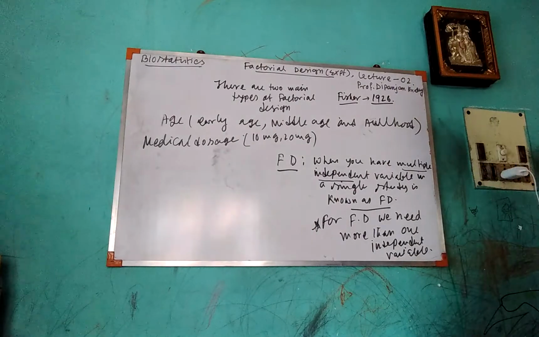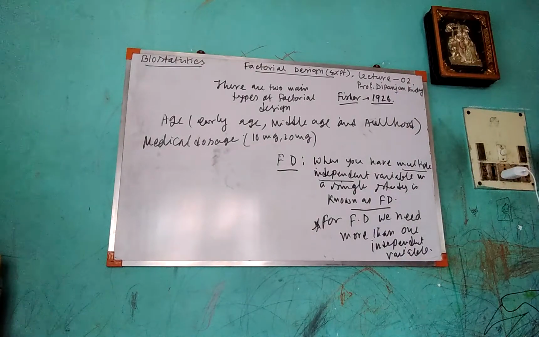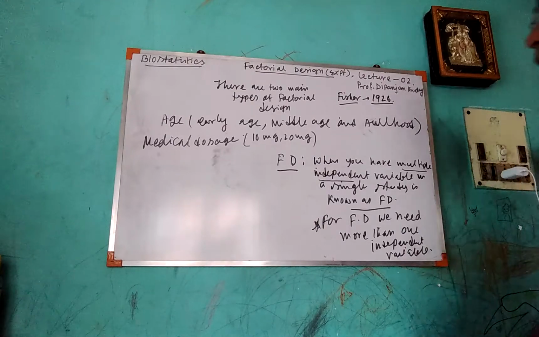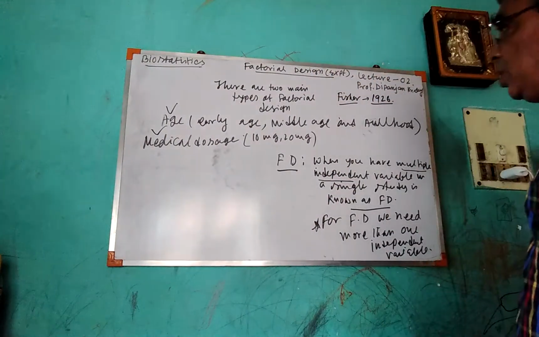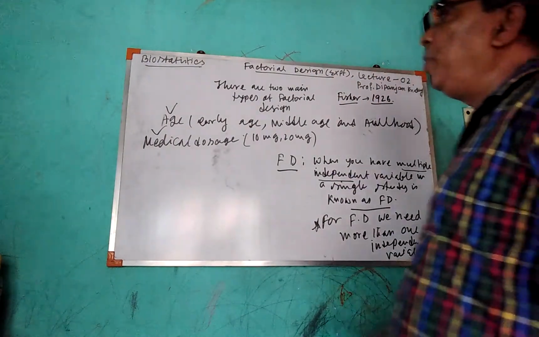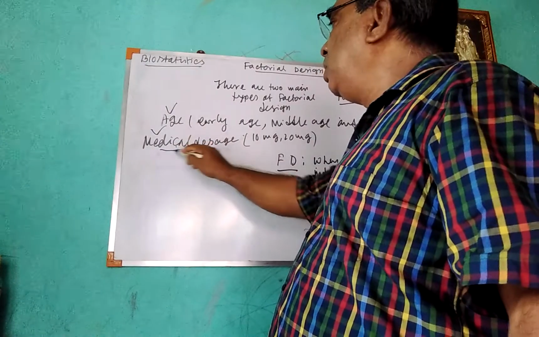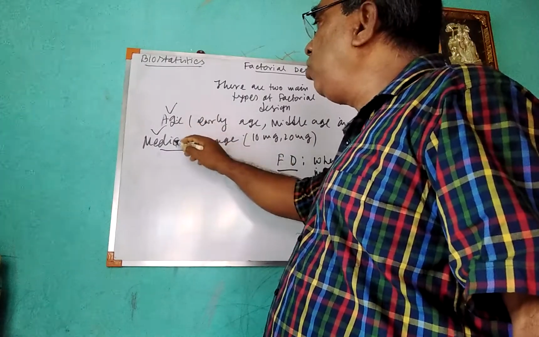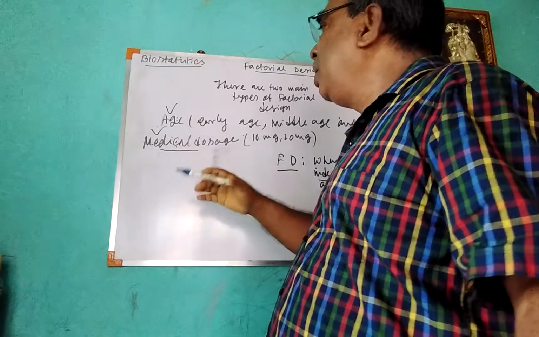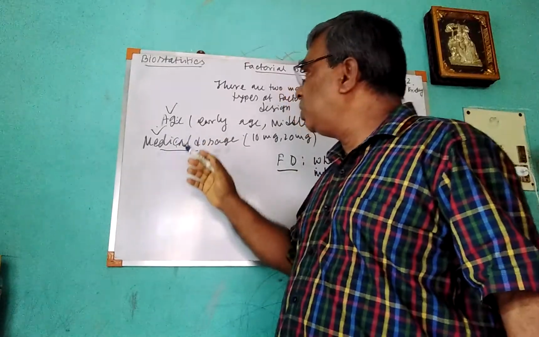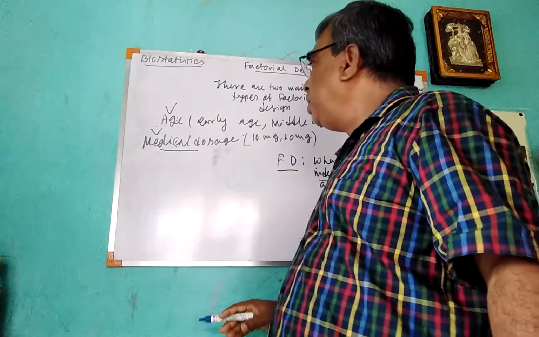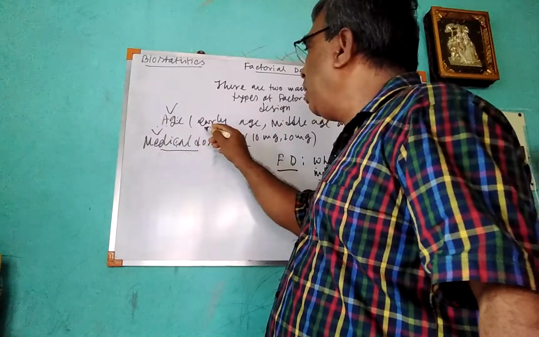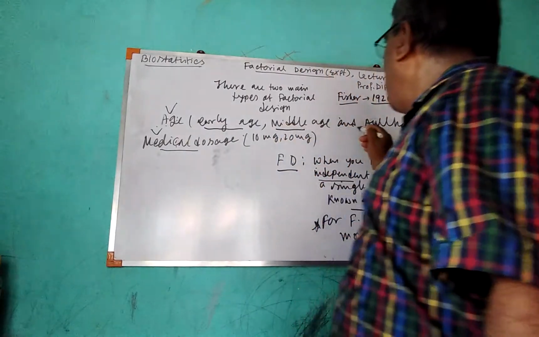Now in these two examples, age and different medical doses, these two are independent variables, because age and medical doses do not depend on each other. Age does not depend on medical doses. That means these two are independent variables.